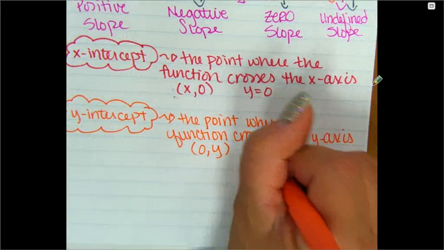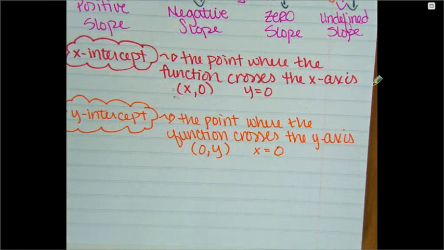So now x is 0. It's always x comma y. Okay?